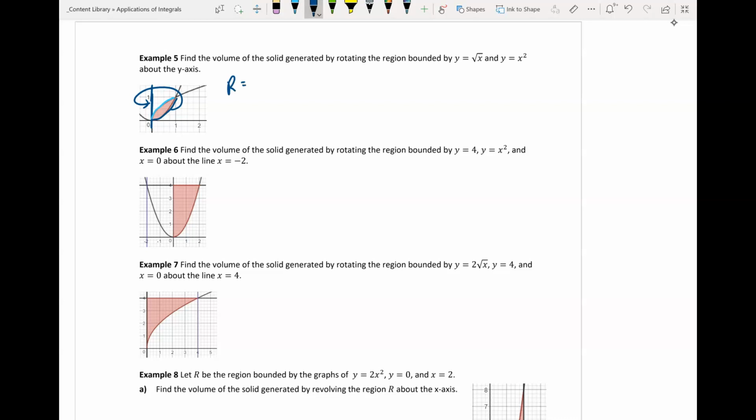The equation y equals x squared, we want in terms of y, so we square root both sides. So we have root y is x. And for this one, to have it in terms of y, I square both sides to get y squared is equal to x.